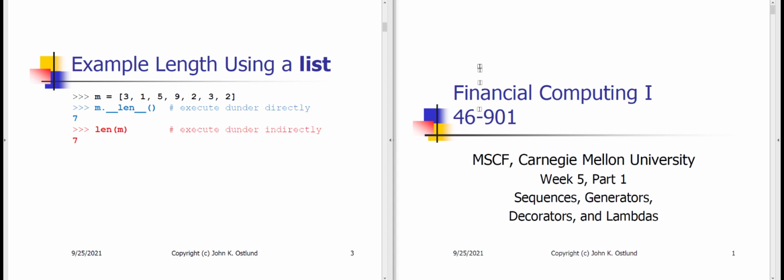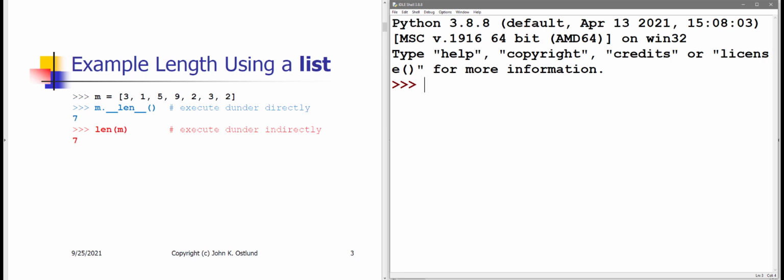Here, to illustrate, I'm just going to use an ordinary list. A list is a sequence. So let me pull up my shell so that we can try this out. I'm going to create M as a list containing 3, 1, 5, 9, 2, 3, 2. Okay, it doesn't matter that much.